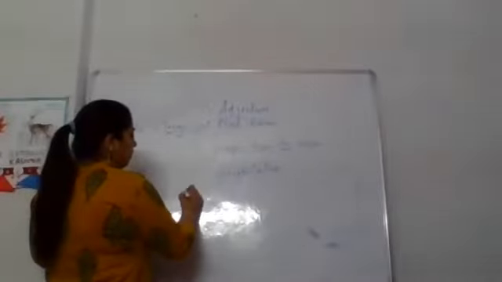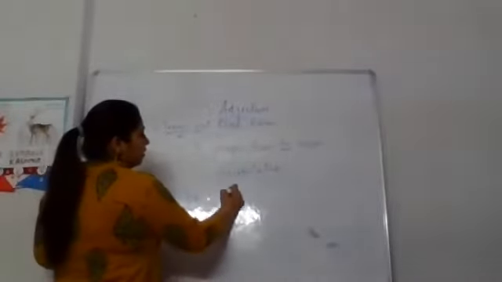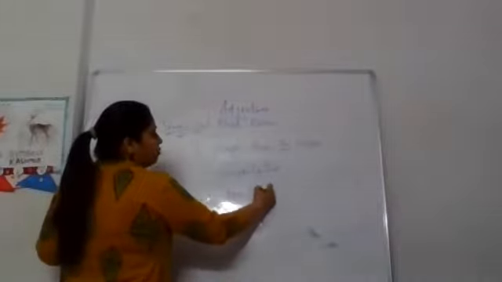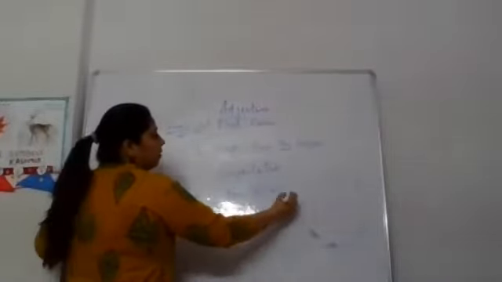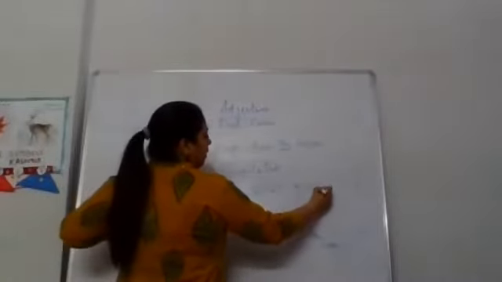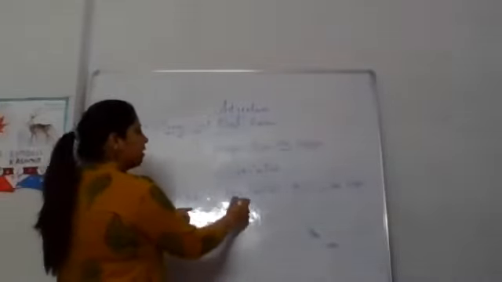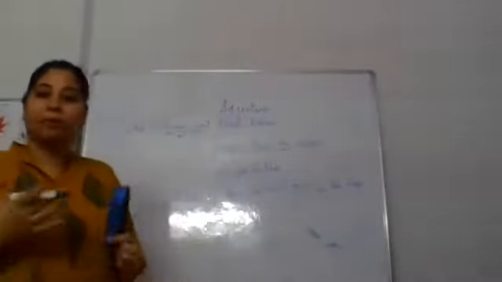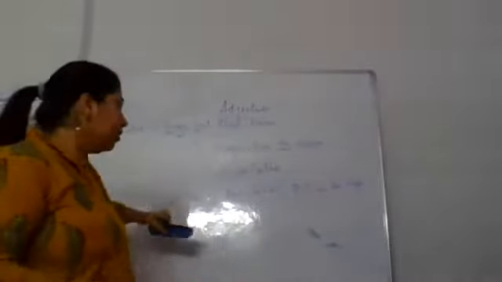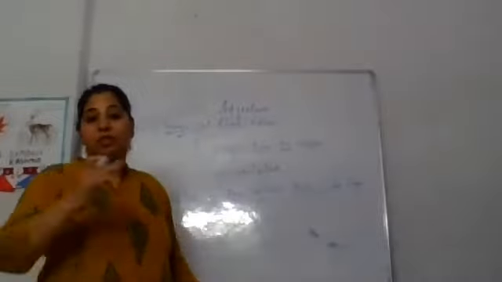For example, she is the tallest girl in the class. So now, what will you just pay attention to here? She is the tallest girl in the class. So what we are doing is we are making a comparison of a particular girl with the whole of the class. We are saying she is the tallest.